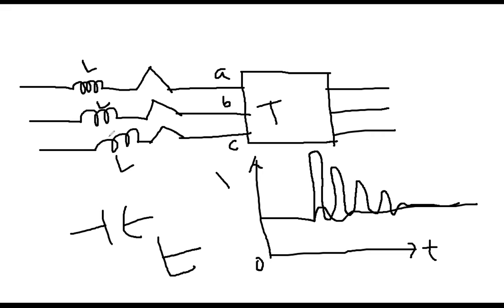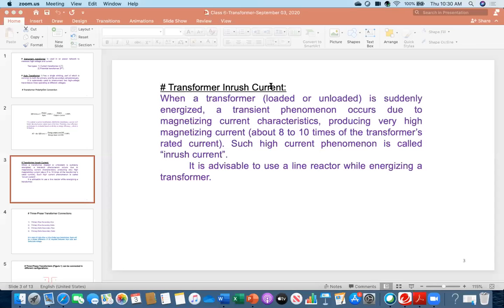Then you would answer that we have to energize the transformer with the help of a reactor, which is an inductor, just to reduce the magnitude of the initial transient current. That is called inrush current. You see, transformer inrush current.